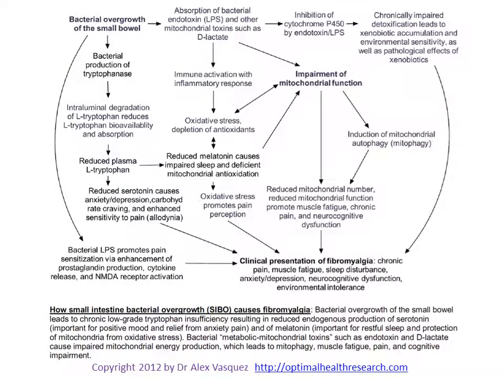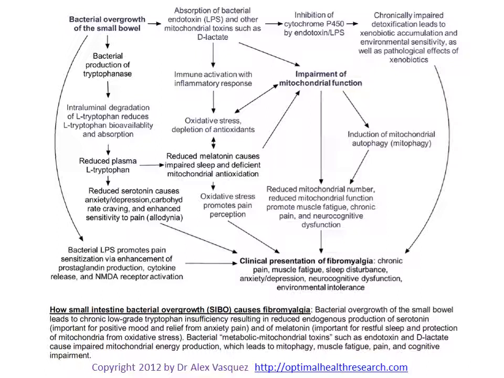Finally, you can tell from this diagram I've drawn out some of the interconnected web-like considerations relevant to fibromyalgia, specifically starting up in the upper left-hand corner, how bacterial overgrowth of the small bowel ultimately leads to mitochondrial impairment, oxidative stress, central sensitization, tryptophan deficiency, serotonin deficiency, melatonin deficiency, and all of these other subphenomena that ultimately lead to the clinical presentation of fibromyalgia.